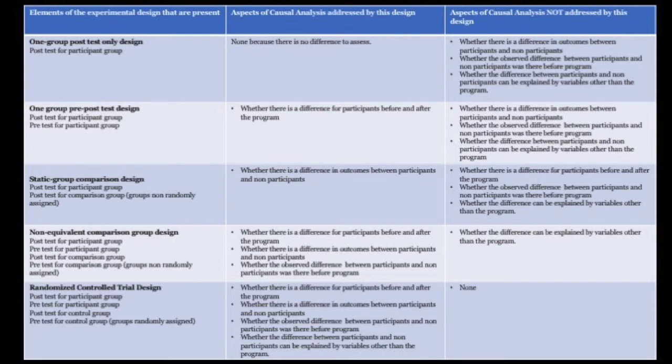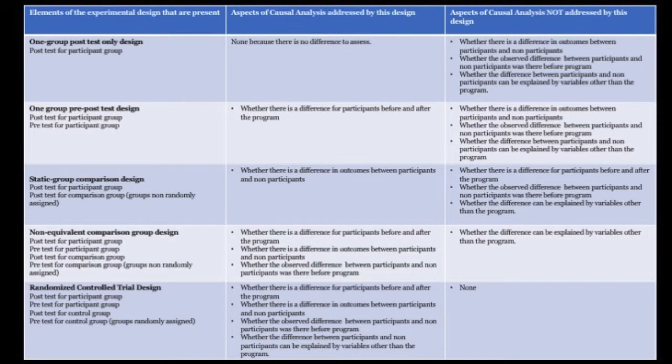There is also, and this is one that is commonly used, the non-equivalent comparison group design, where we have a pre-test and a post-test for participants and some comparison group, right? We observe this comparison group before and after the program, and here we can compare if there was a difference between participants and non-participants.